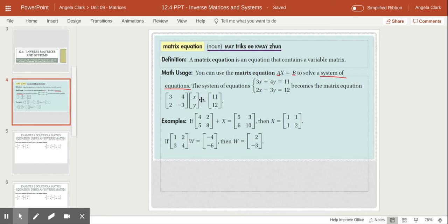So what if I'm multiplying? How do I get rid of this? Well, to get rid of this, I need to multiply it by its inverse. Because if you multiply something times its inverse, you get the identity matrix.